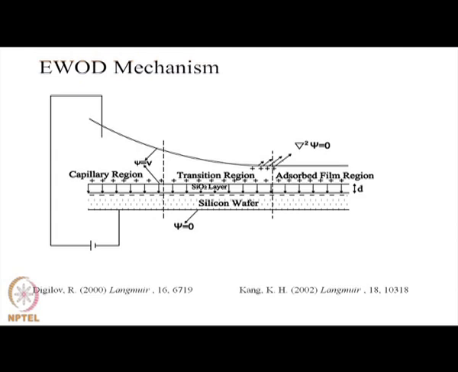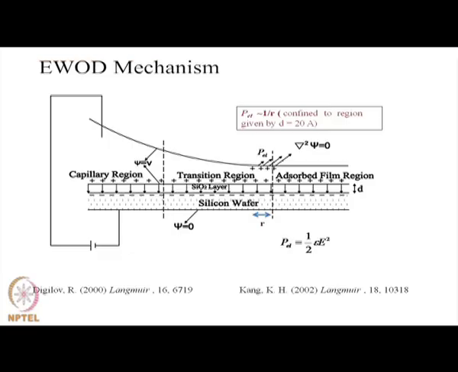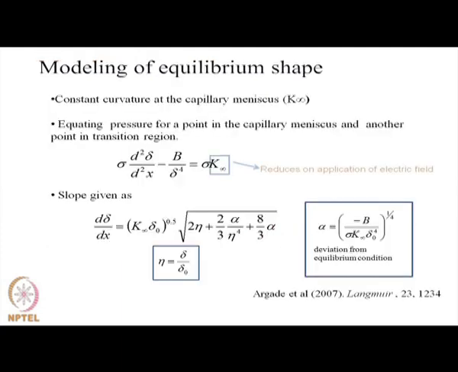Since EWOD, application of electric field, forms a wetting film and reduces the contact angle, if I can have EWOD on a partially wetting film, then the contact angle will decrease and we should be able to have more spreading of the thin film. So, this is denoted by this. There is an extra pressure which we denoted as P electric, which pulls the liquid towards the adsorbed thin film region.